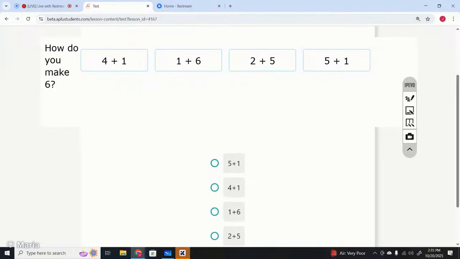How do you make 6? 5 plus 1 makes 6. Option number 1 is the correct option.